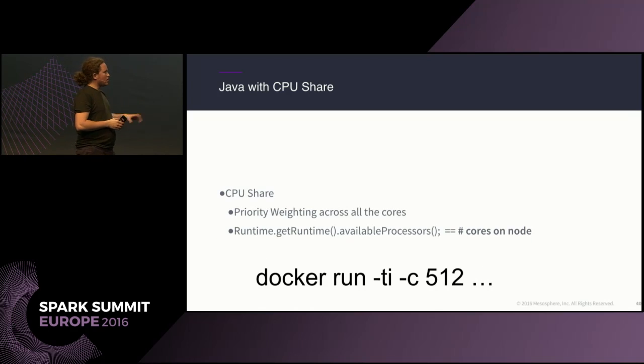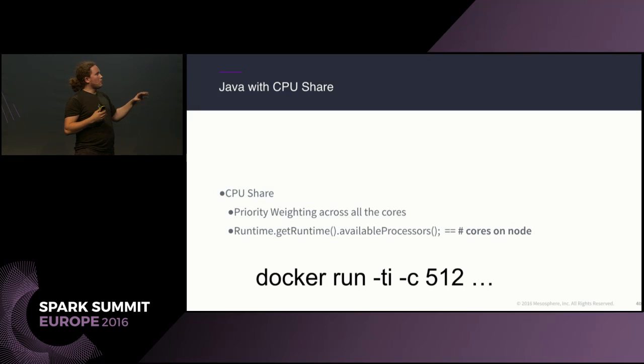With CPU shares, it's the same problem. Runtime.availableProcessors will always return the entire number of cores on that machine. And as mentioned before, CPU shares should be the default way to limit CPU resources.